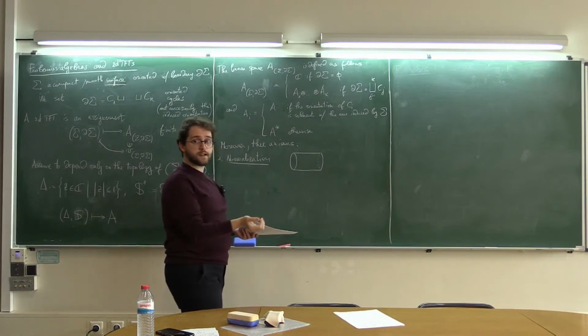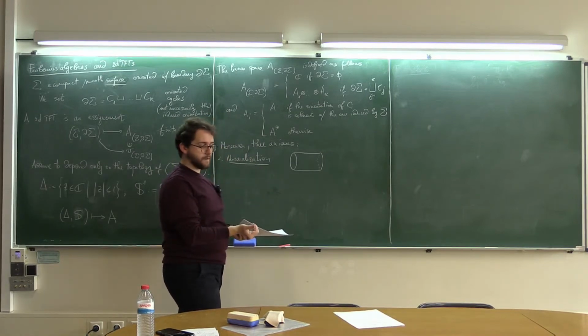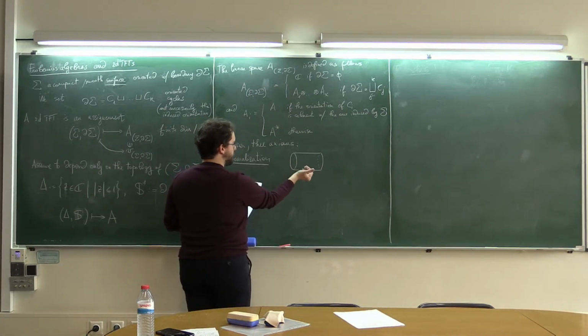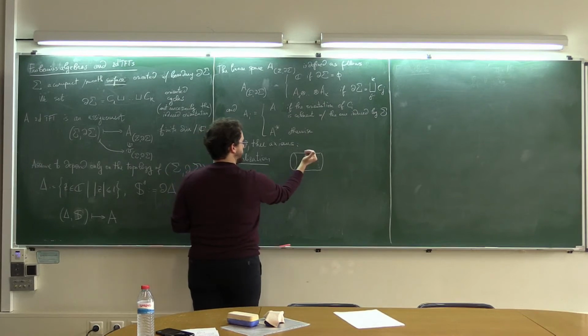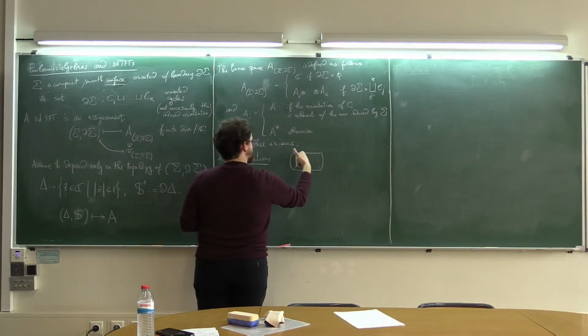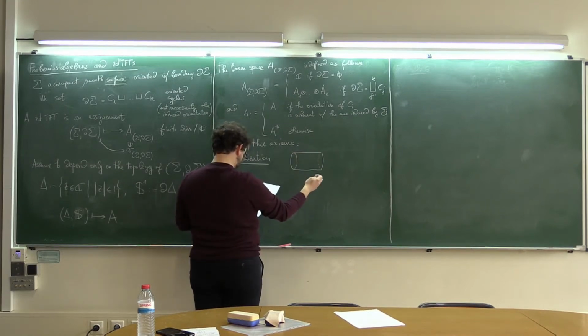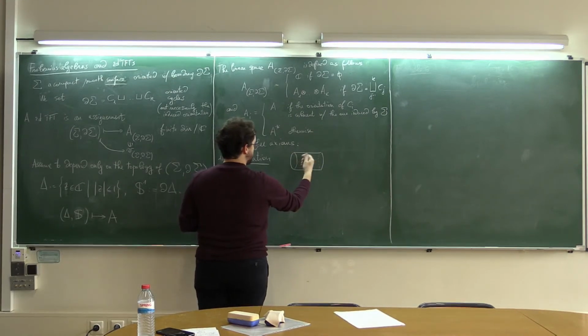When I draw these pictures, I always use the convention of keeping the surface with the orientation defined by an outward vector from the surface. So, for example, we are taking this orientation, and such an orientation on sigma induces an orientation on the boundary.